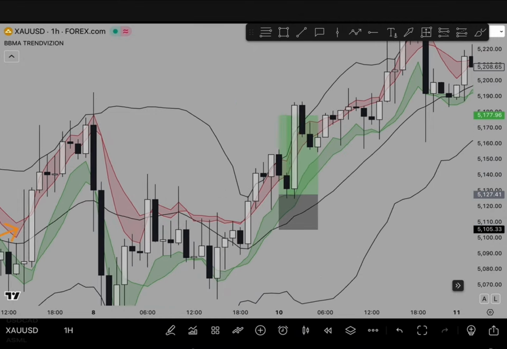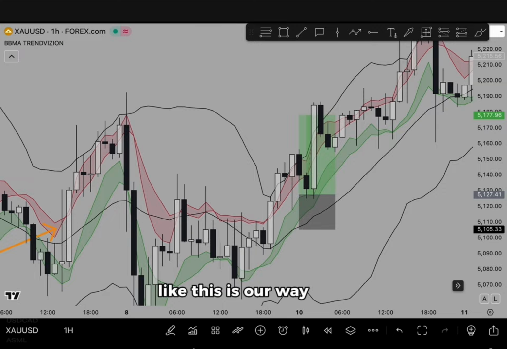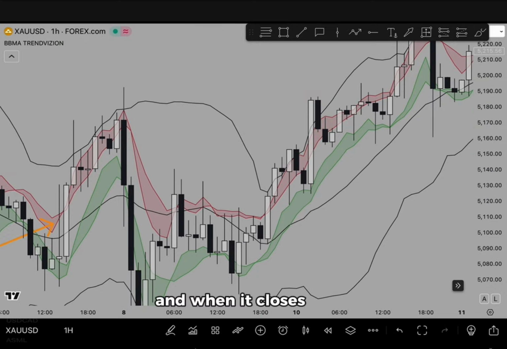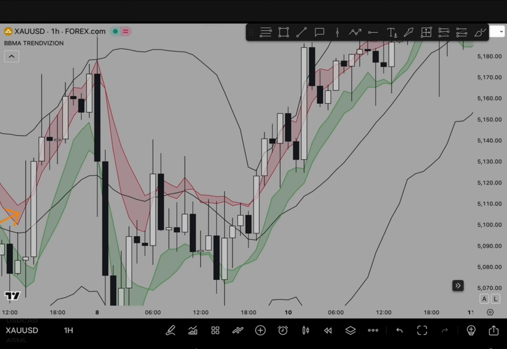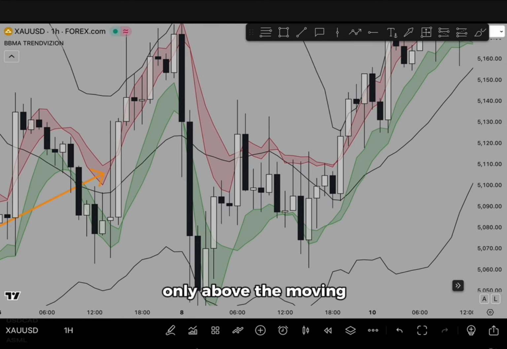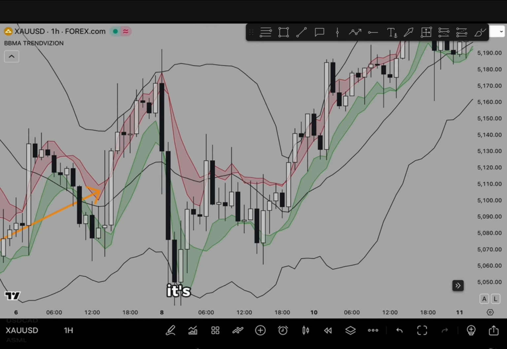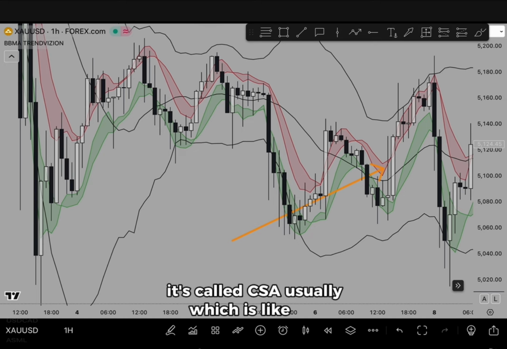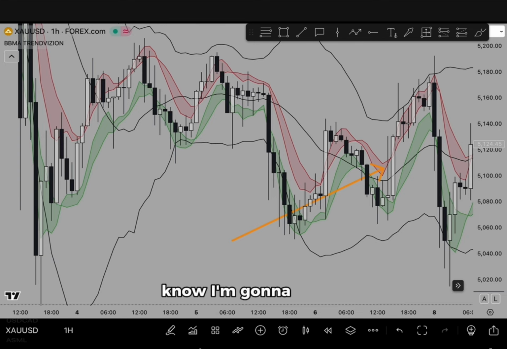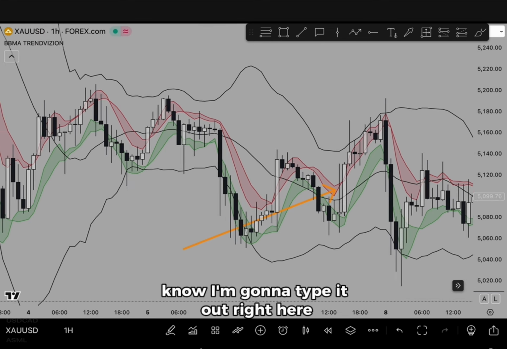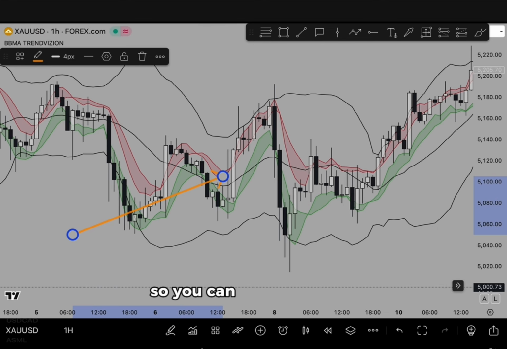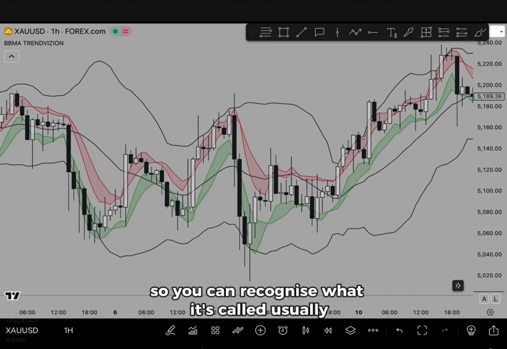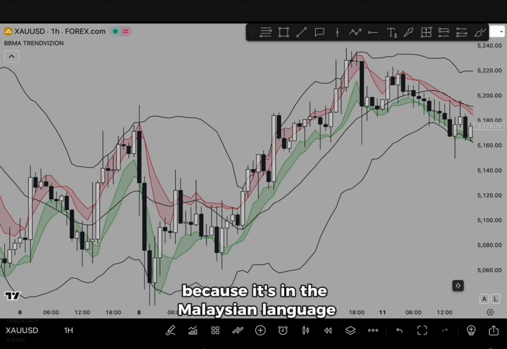This is our way to think about it. When it closes only above the moving averages, it's usually called CSA, and I'm going to type it out right here so you can recognize what it's called, because it's in the Malaysian language.